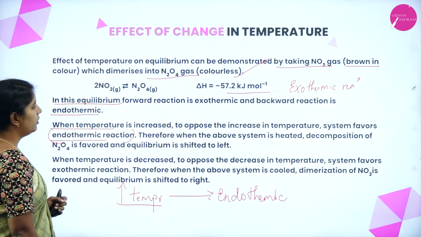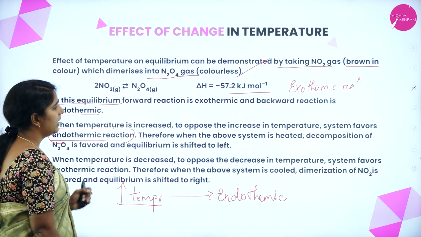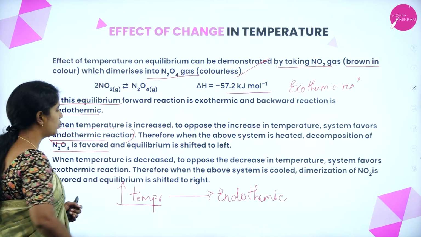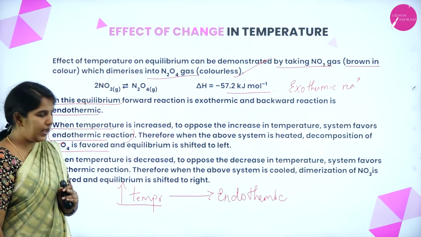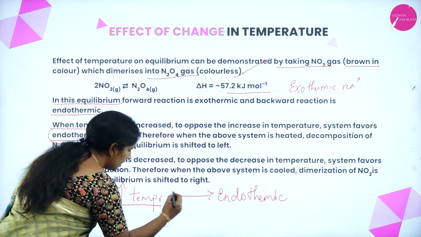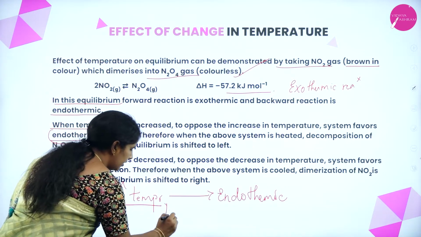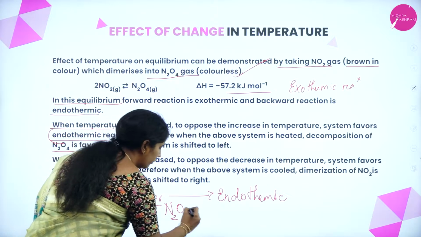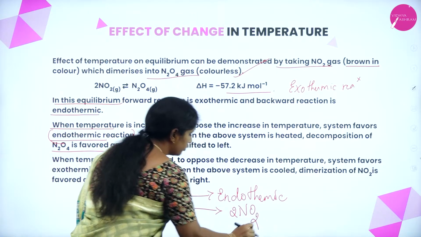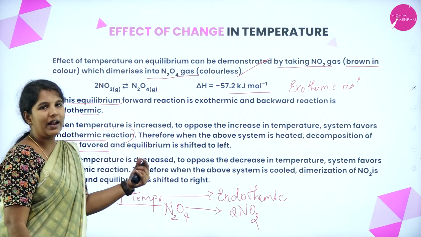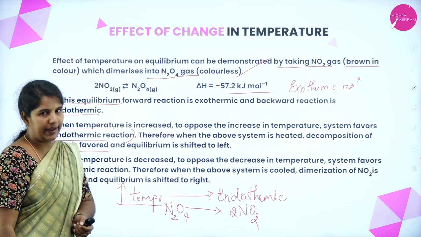Therefore, when the above system is heated, the decomposition of N2O4 is favored and the equilibrium will shift towards the left. So, what will happen when you increase the temperature? The N2O4 undergoes decomposition and gives rise to 2NO2. It is a backward reaction and it is endothermic in nature.